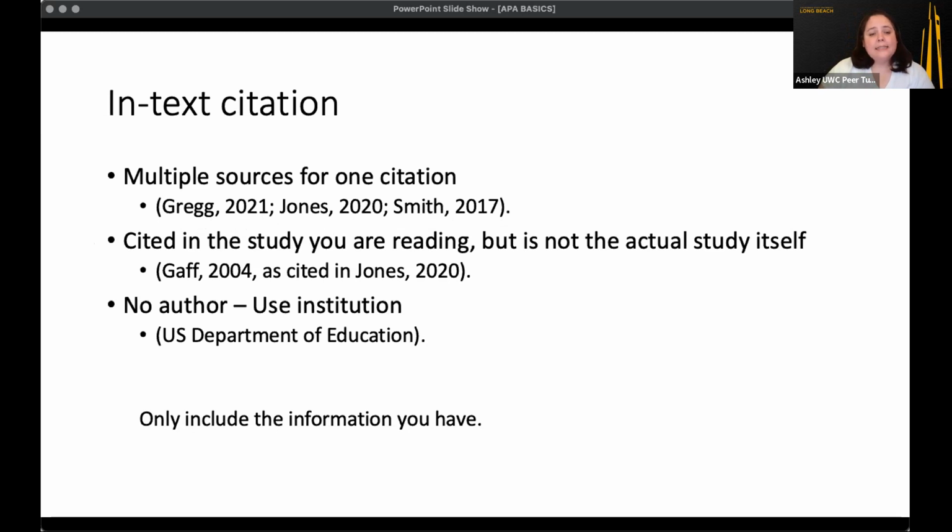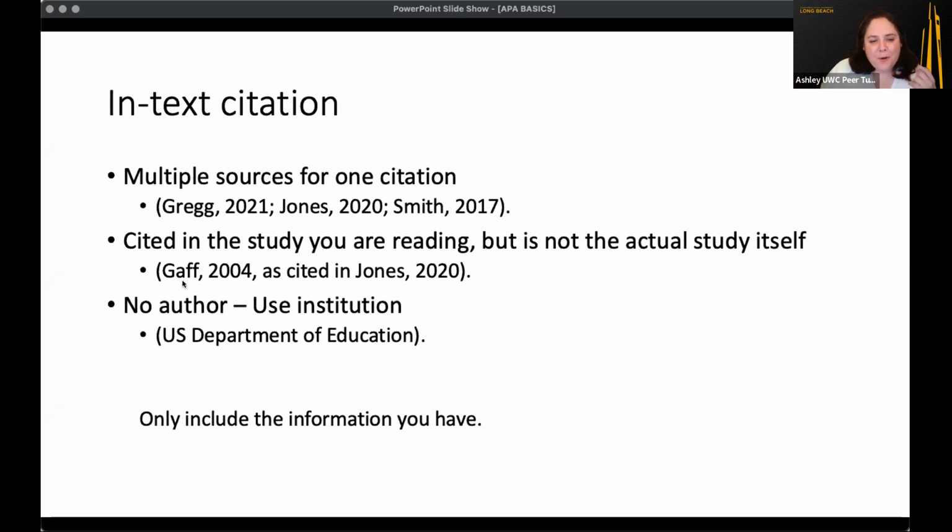When you're citing a study that you're reading, but it's not the actual study itself, my recommendation and just what I do is I go to the study itself and cite it. But sometimes you want to do what I call a citation inception, right?